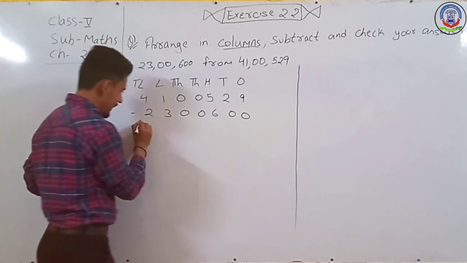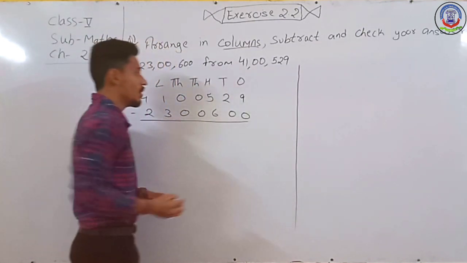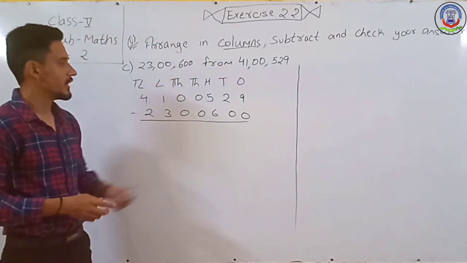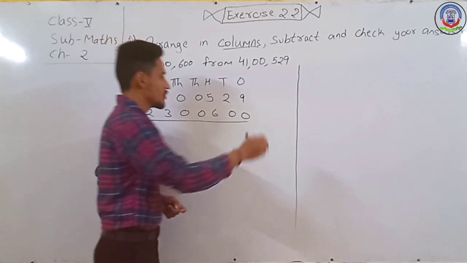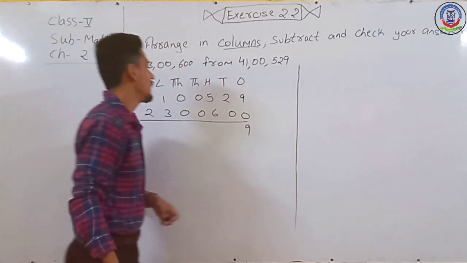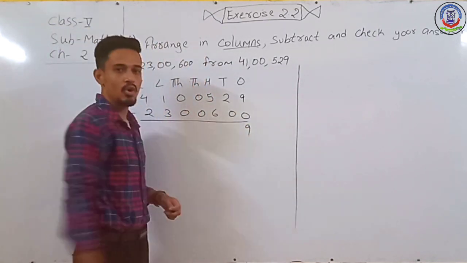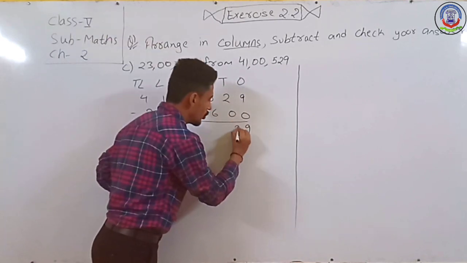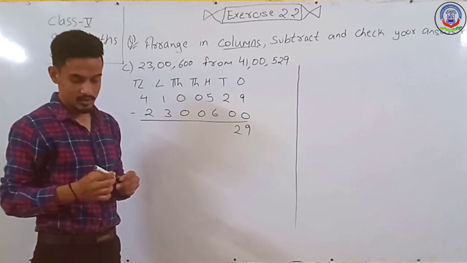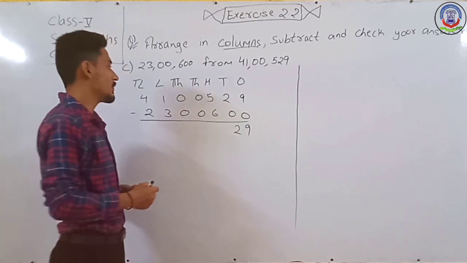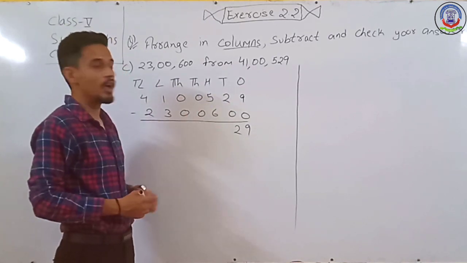We have to subtract. Now, as we know, we have to start from the rightmost. So in the rightmost we have 9 subtract 0. So we write 9. Next we have 2 subtract 0. So we write 2. Next we have 5 subtract 6. So 5 is smaller than 6. So we have to borrow from the next column.